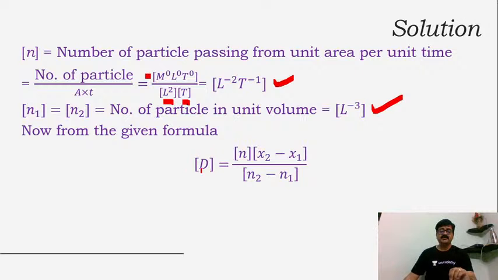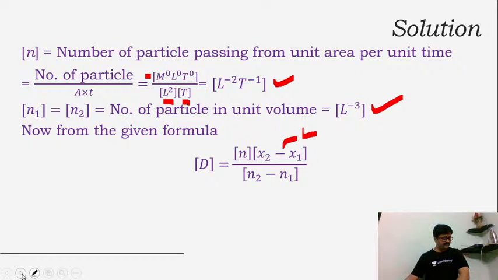So dimensions of D is equal to dimensions of n into dimension of x2 minus x1 divided by dimensions of n2 minus n1. Now remember, n2 and n1 both of them have the same dimension. x2 and x1 both of them have the same dimension, and x2, x1 have dimension of length here. Whereas n2, n1 is L raised to minus 3. So that I have already mentioned to you.